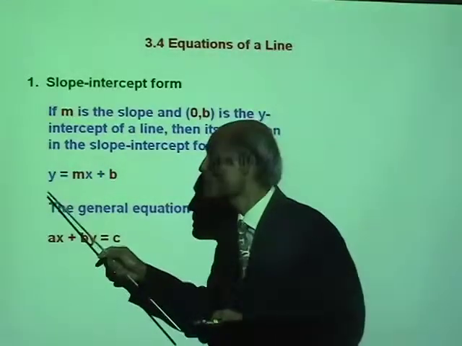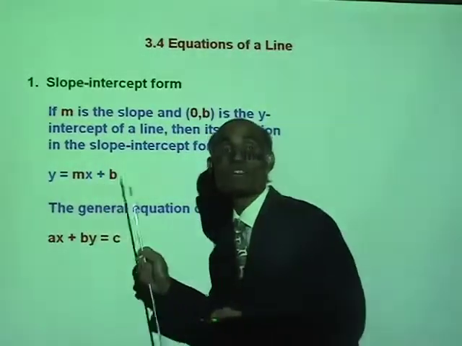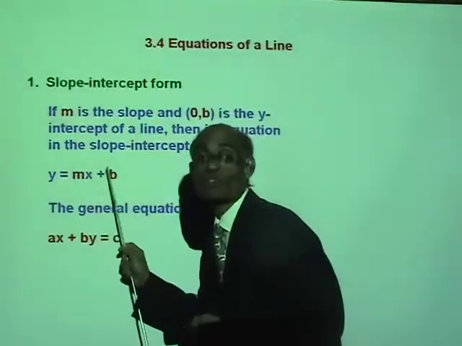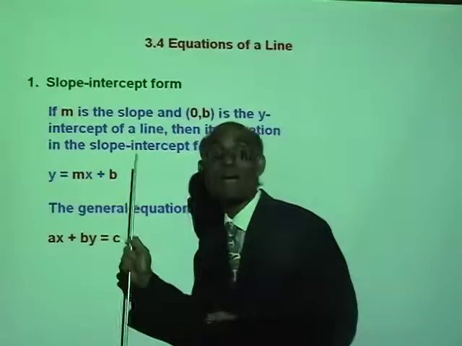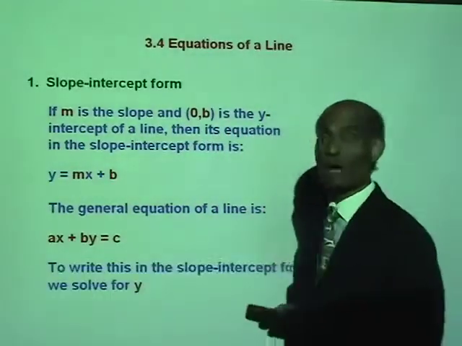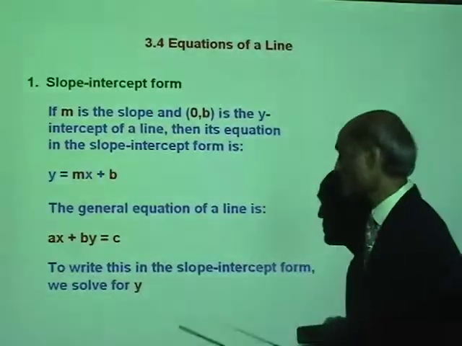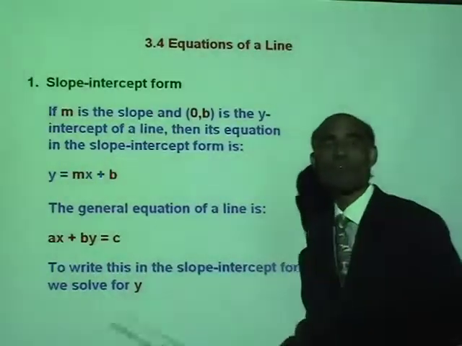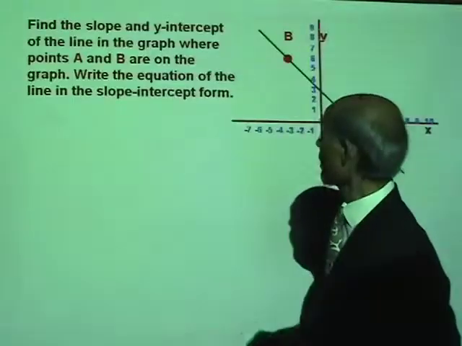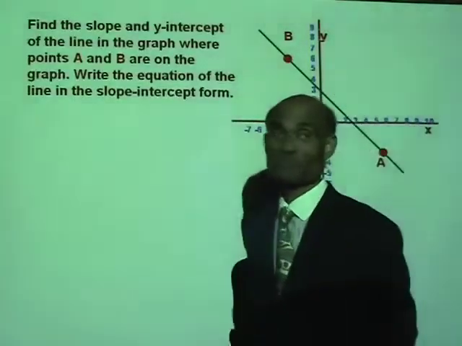Once you write the equation in the slope-intercept form, then you know the slope and also you know where the graph will cut the y-axis. Okay, so to write this in the slope-intercept form, you got to solve for y. Alright, let's do one problem.